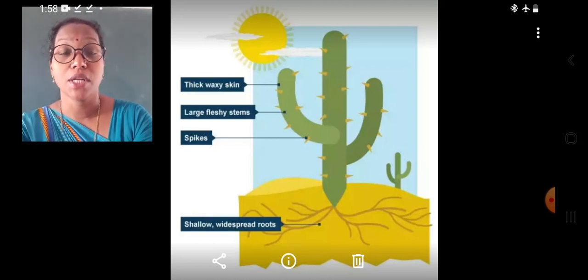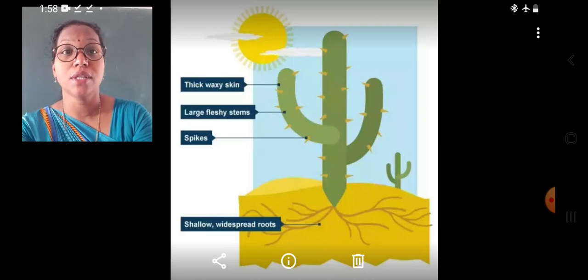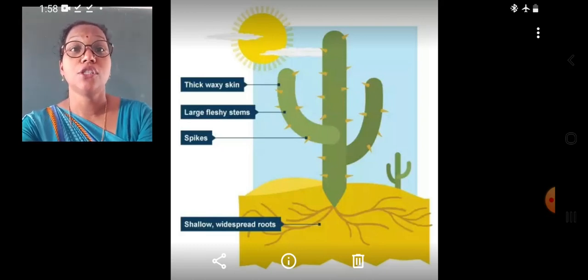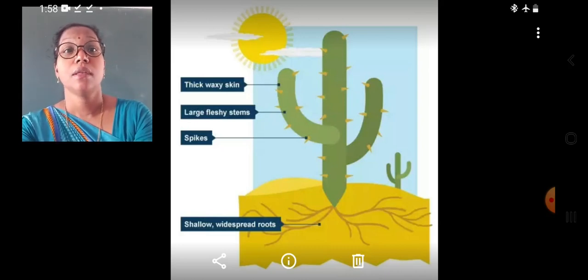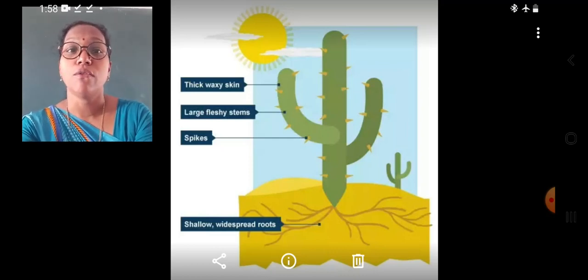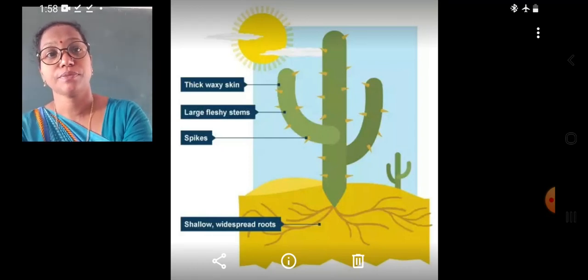So the adaptations present in the cactus are thick waxy skin, large fleshy stems, the spikes or the spines instead of leaves, and shallow widespread roots to absorb maximum water from the ground.